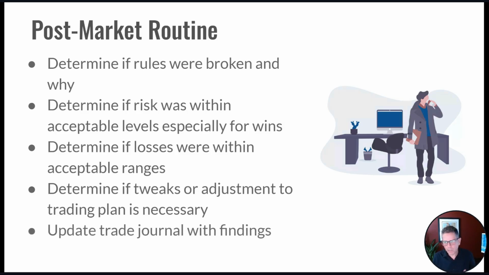Everybody's different in how they trade, and you need to figure out the right way, the easiest way that you can trade based on your type of trading. That's really important.